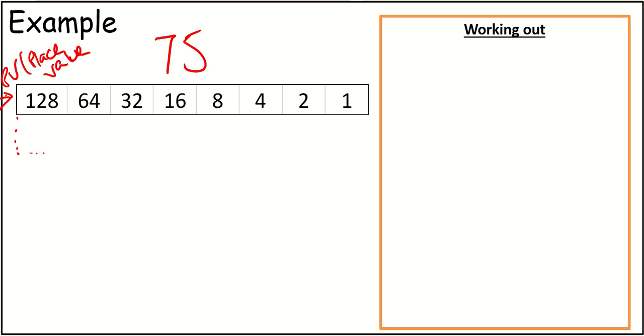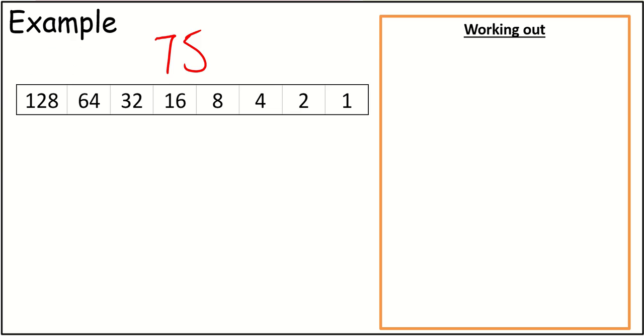Each square or space underneath the place value is called a place holder. We need to know those two keywords which we're going to use in the lesson.